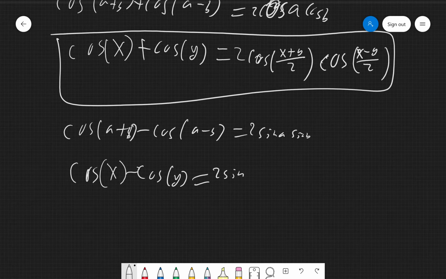Again, A is equal to X plus Y over 2, B is equal to X minus Y over 2. Alright, and that's it.